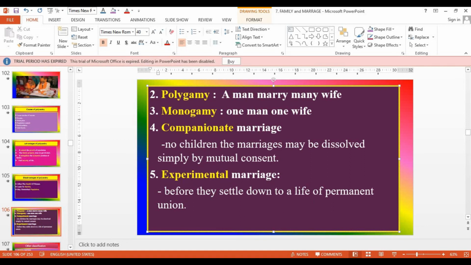Before the marriage, both of them experiment, having a relationship together, to see whether the marriage will go well or not.